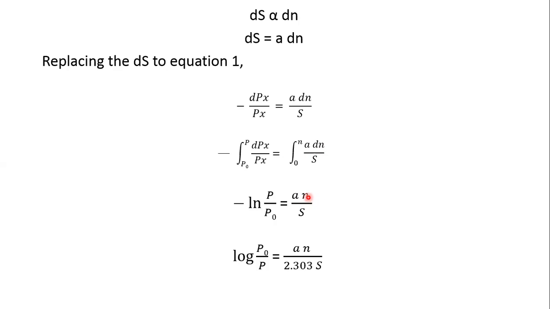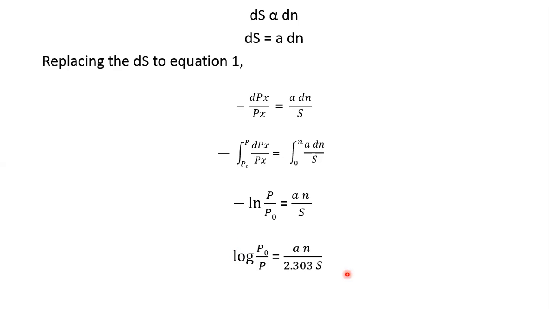So this equation becomes minus ln P by P naught is equal to a n upon S. Now converting this natural logarithm into log 10, we have to use 2.303 into the log value, and this 2.303 goes to the denominator on the right hand side.